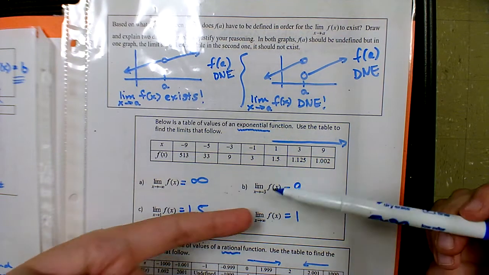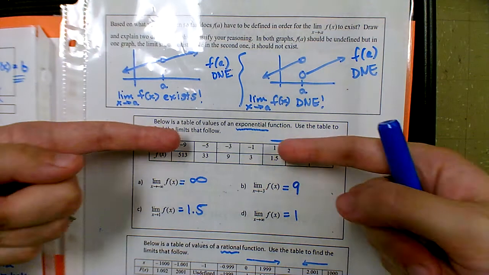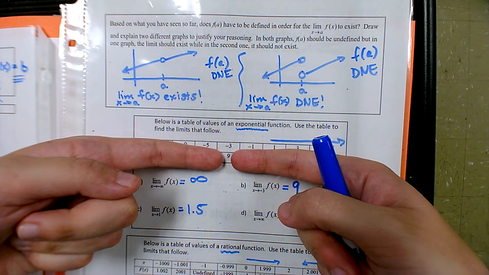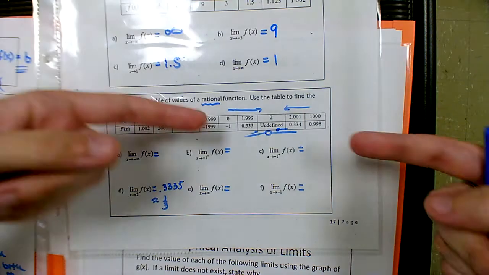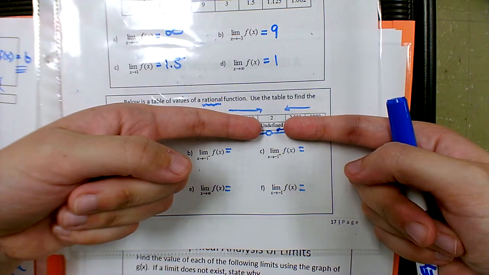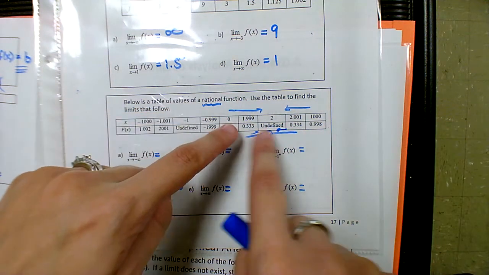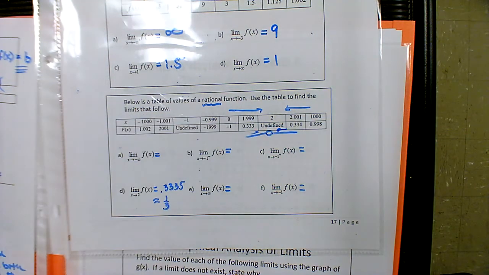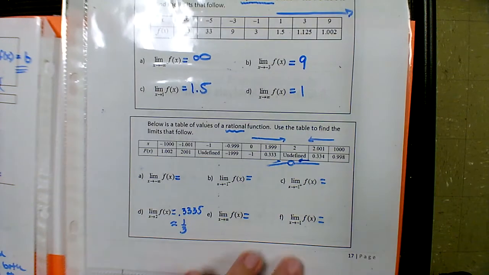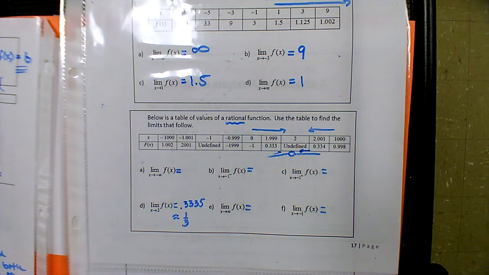It's a little tricky because in the table we had before, as we came into -3, we approached 9. That's an actual number. I bet some of you wrote undefined for that one, right? You got to be careful. Notice how the left and the right are really close together, so that is a limit.